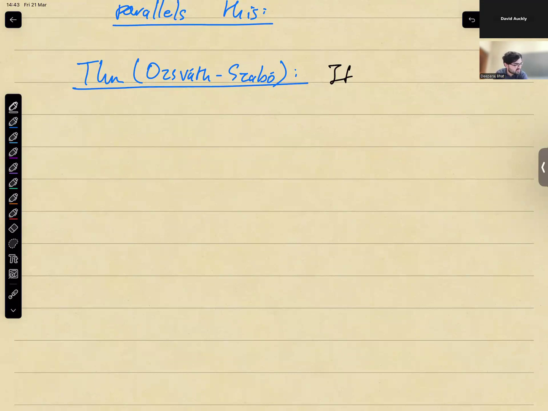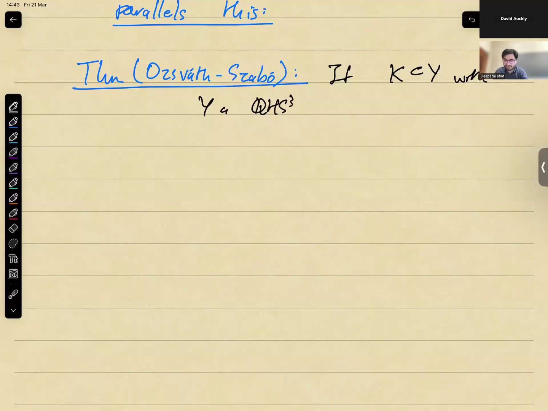I think they've proven this in slightly more generality than what I'm writing down here, but that takes a more complicated form. So let me just state this simplest version. So this is Y, with Y a rational homology sphere.